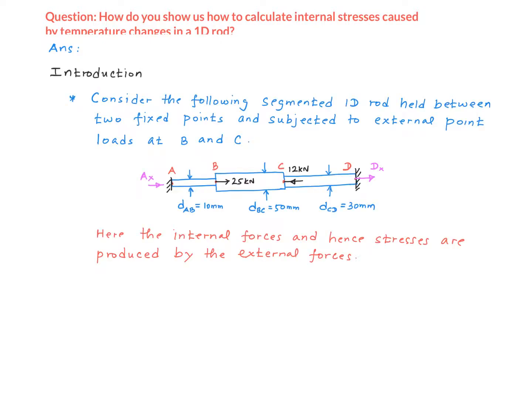Remember this problem we considered a couple of times in previous videos? A segmented 1D rod is held between two fixed points, A and D, and subjected to a couple of external point loads, one at point B and another at point C. We learned that this is a statically indeterminate problem and there are going to be internal forces, and therefore internal stresses, in each of the segments AB, BC, and CD.